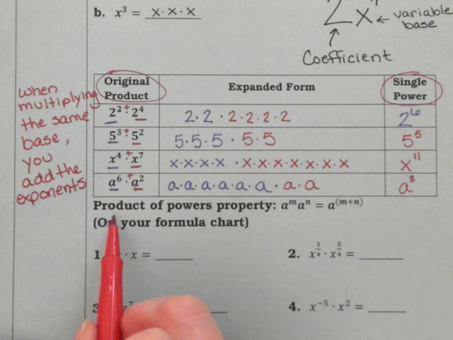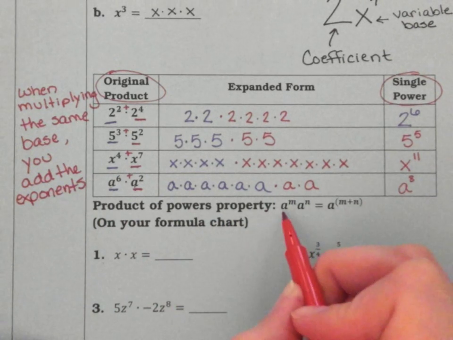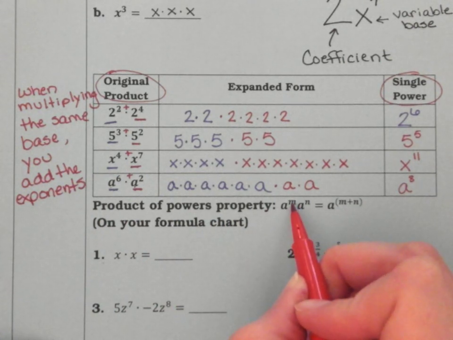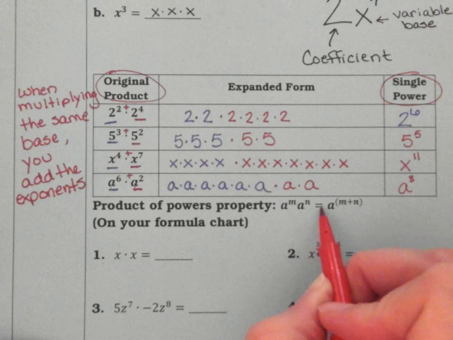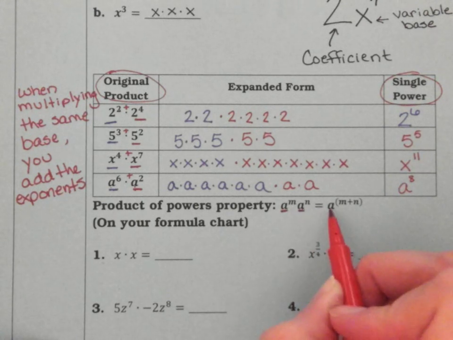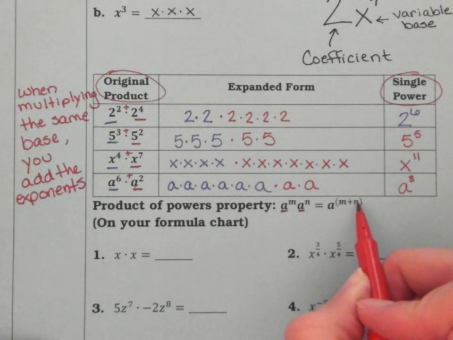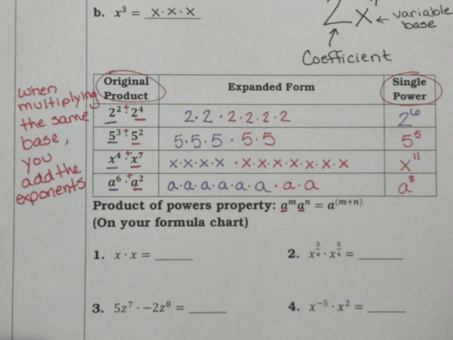On your formula chart, it looks like this, the product of powers property. And it says that if you have a to the m power and a to the n power, then you're multiplying the same base, a and a. So you would take the a and you would add the exponents, the m and the n were the exponents.